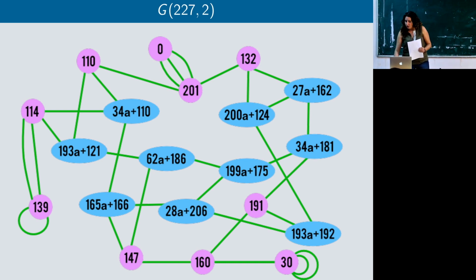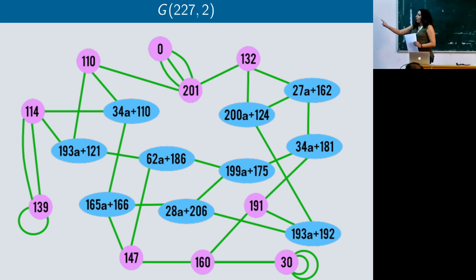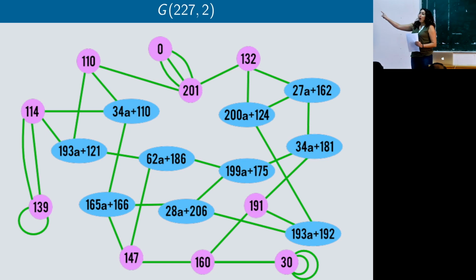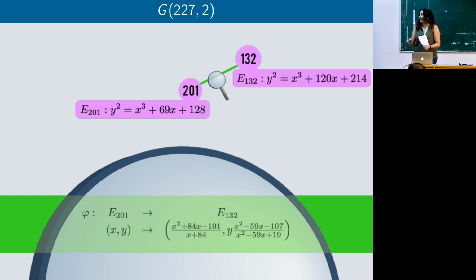So here, if you take one edge between these two vertices, 201 and 132 are two j-invariants defined over Fp. Here p is 227. And actually, there is a very easy function on Sage, and it is also very easy, even by hand, given a j-invariant, to compute the corresponding elliptic curve in short Weierstrass form. So you can play with Sage for getting these two elliptic curves.